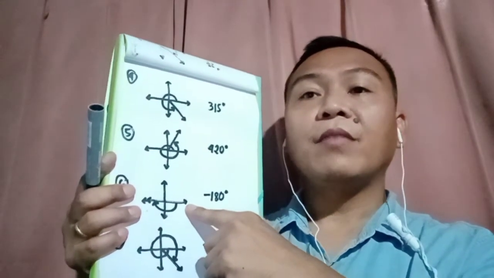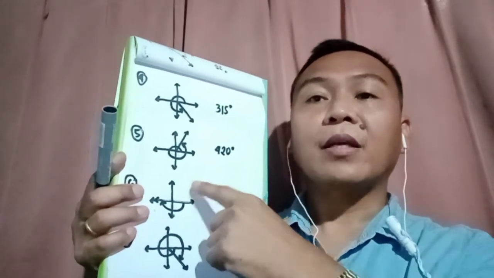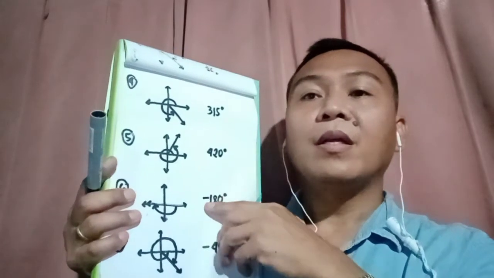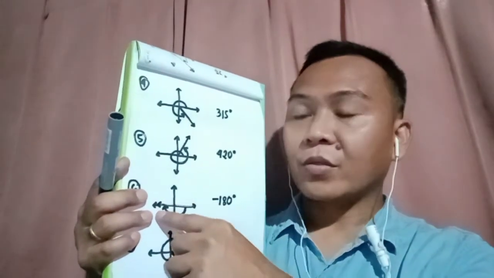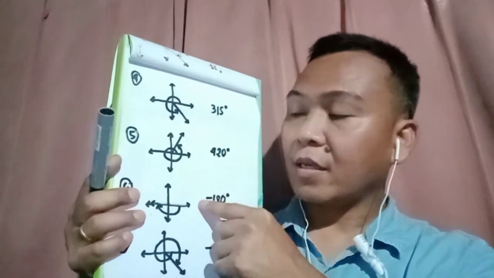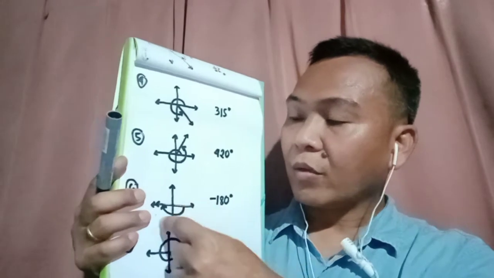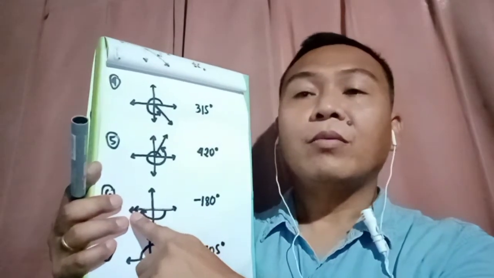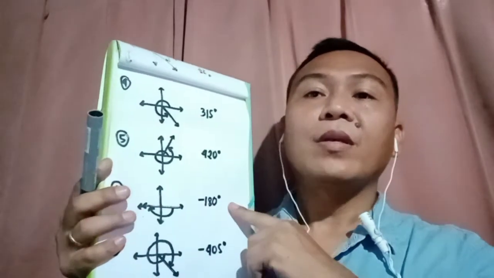Take note, if it is negative, it tells about the direction or the rotation of our terminal side in the clockwise direction. So if it's 180 degrees and it is negative, then we start at the positive x-axis and rotate in the clockwise direction to the negative x-axis. Therefore, we have negative 180 degrees.